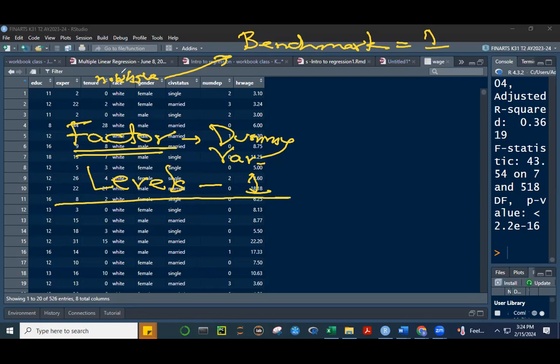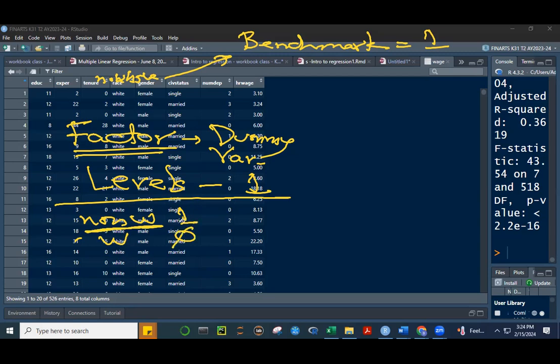So let's take a look at race. Race, class, how many levels does it have? Two, right? Non-white and white. So R automatically assigns a value of 1 here, and for white, 0.